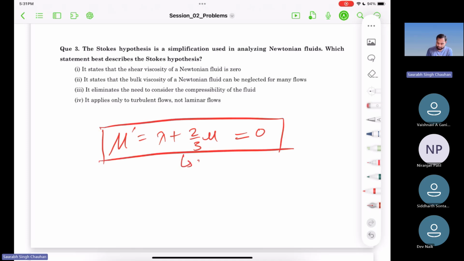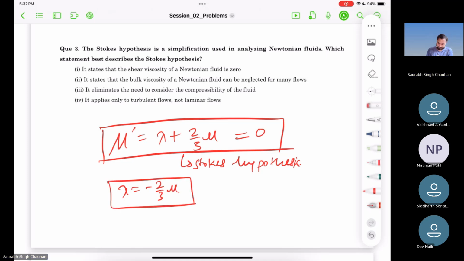This is our Stokes hypothesis. So lambda is equal to minus 2 by 3 mu. Okay, so this is the Stokes hypothesis.